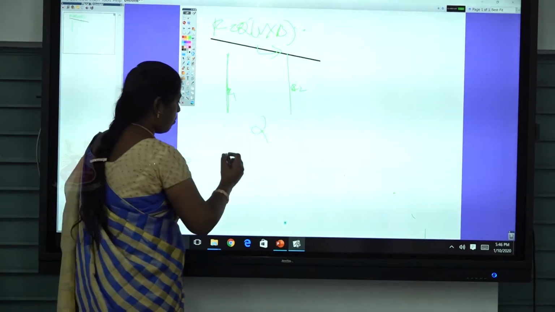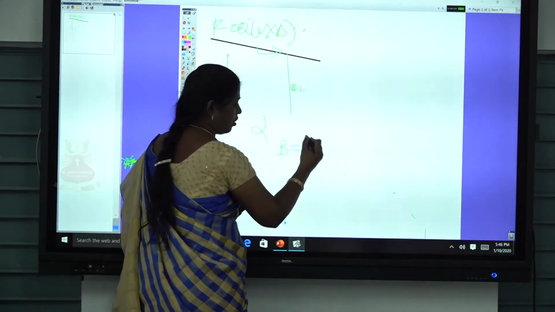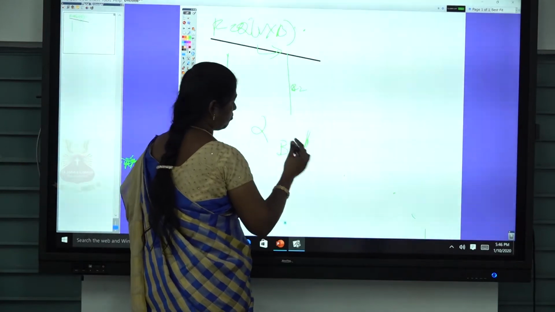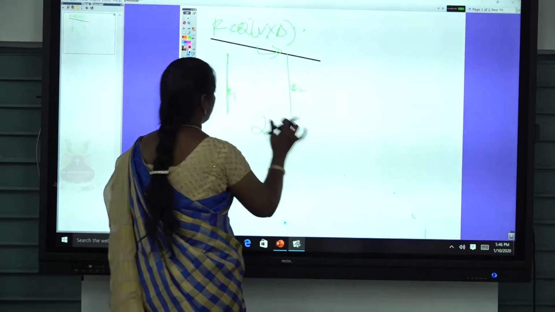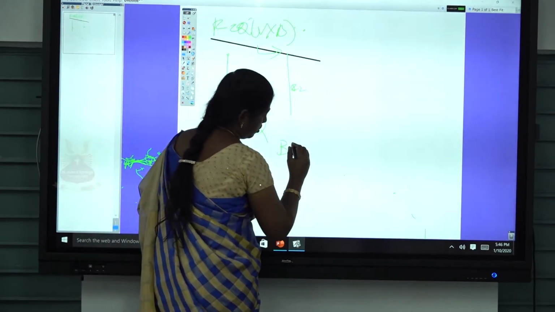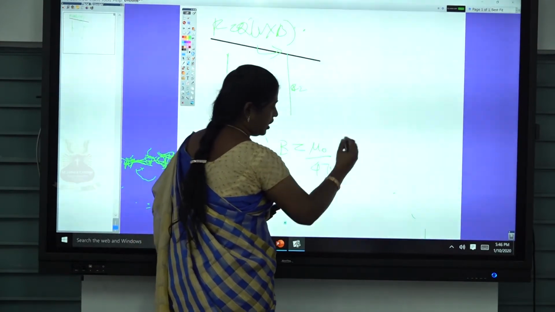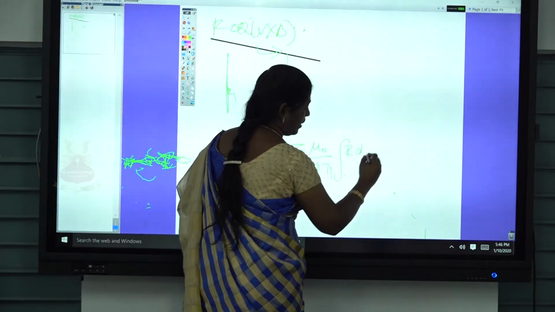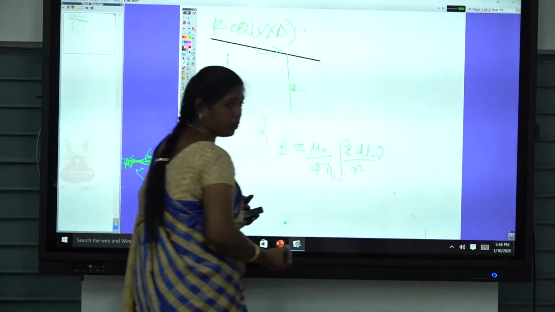That is the Biot-Savart law. B is proportional to, the proportionality factor being mu naught by 4 pi, integral of I dl by R square into R cap.